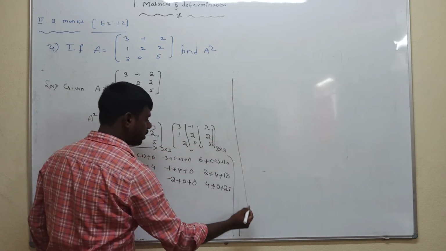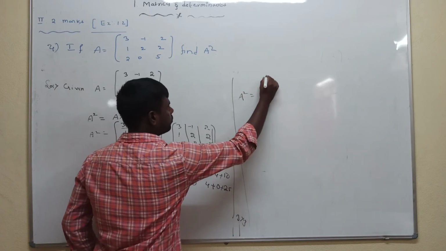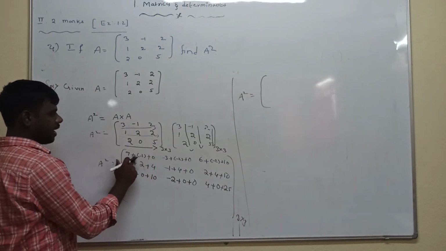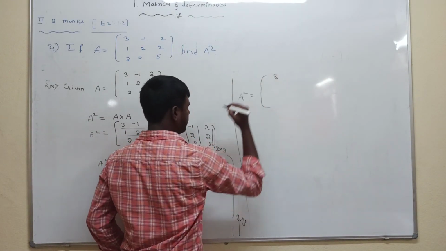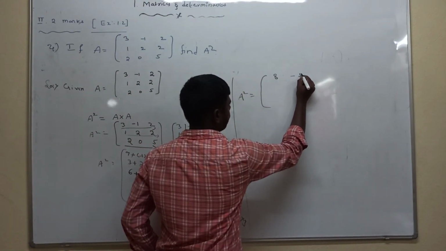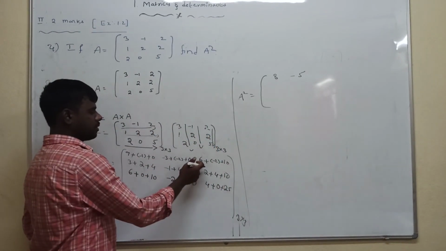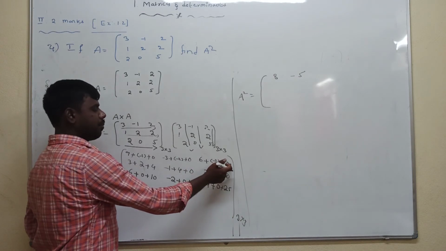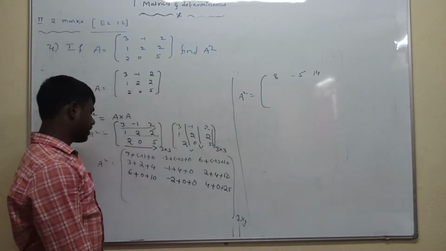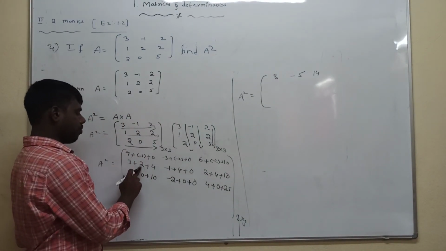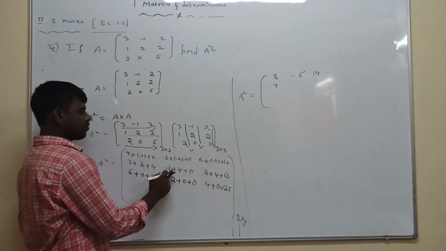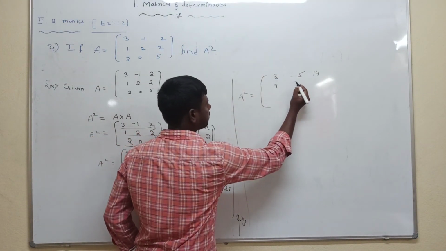So finally we got A square is equal to, this is 0 not 6. 9 minus 1, that value is 8. Minus 3 minus 2, that value is minus 5. 6 plus 10, that is 16. Next, 3 plus 2 is 5, 5 plus 4, that value is 9. Minus 1 plus 4, that value is 3.